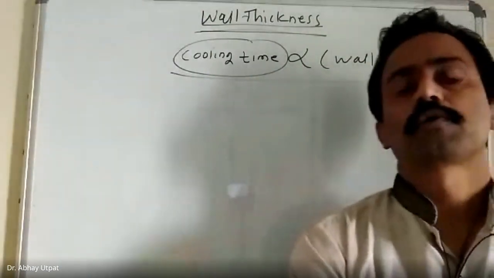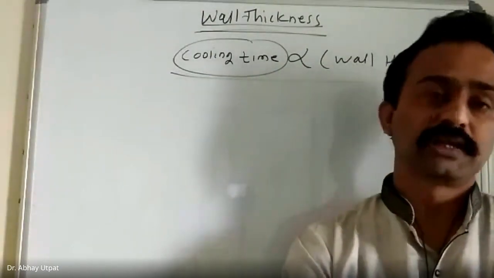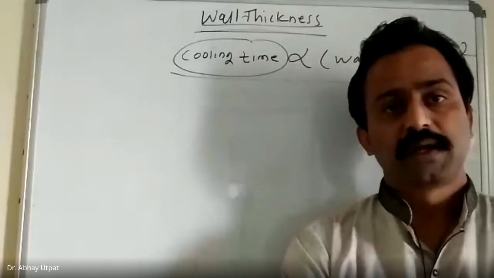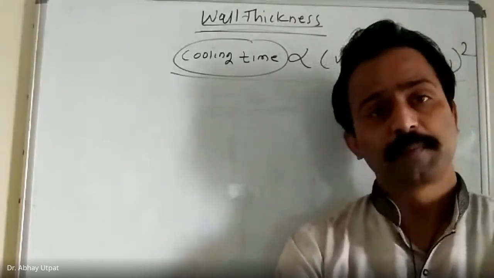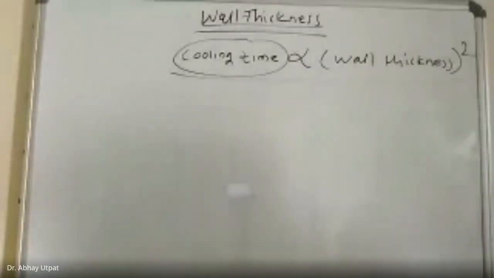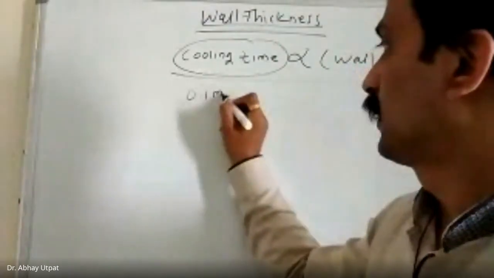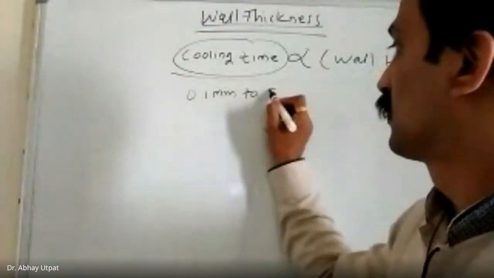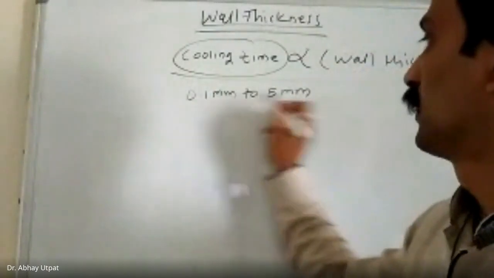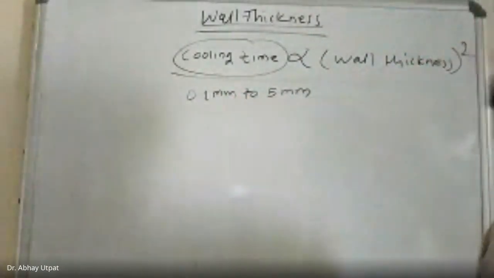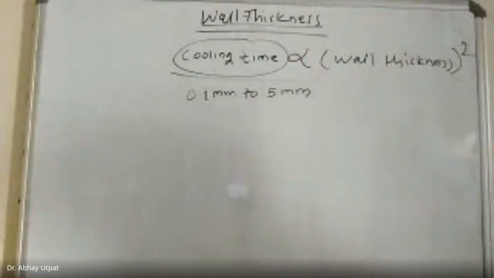One of the important rules of plastic part design is wall thickness should be minimum and uniform throughout the part. Full stop. Generally, it is kept between 0.1 mm to 5 mm.